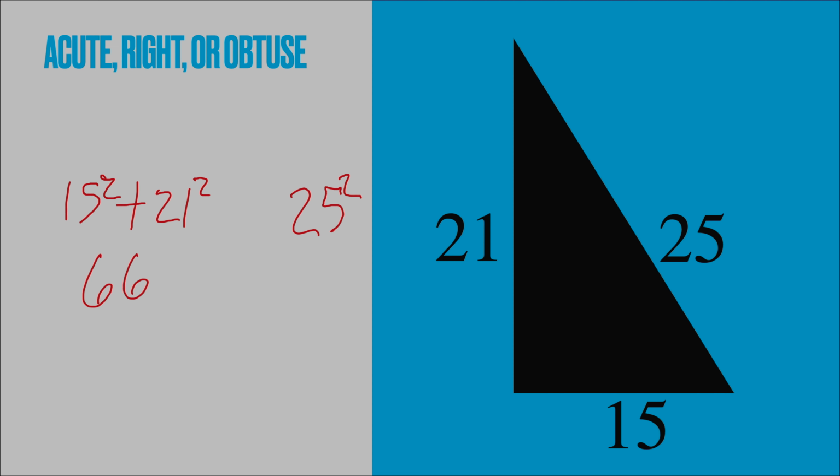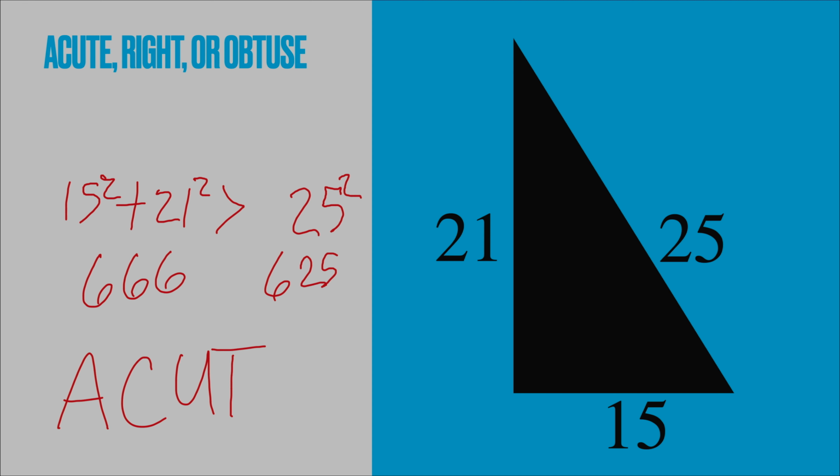I'm just going to write it down and move on. Then 25 times 25 gets us 625. Well, 625 is smaller than 15 squared plus 21 squared. So that means it is acute.